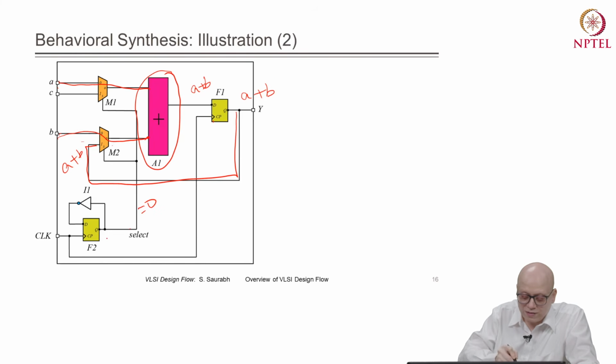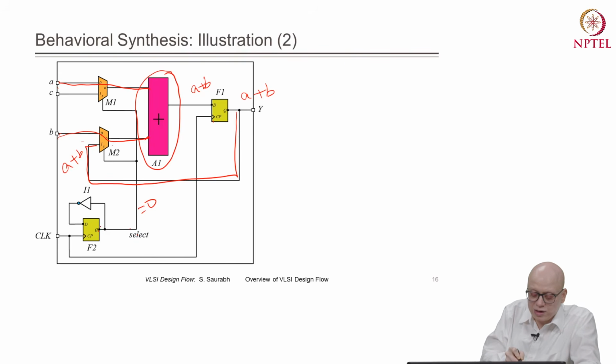And whenever the next clock edge comes, since Q is connected to D through an inverter, this Q will toggle every clock cycle, right? So in one clock cycle it will be 0, then in the next clock cycle it will be 1, then 0 and 1 and so on.